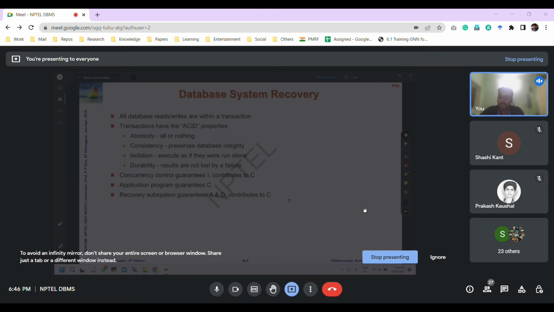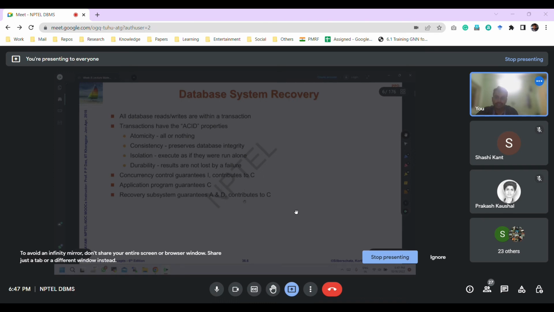Then there is durability, meaning results are not lost by failure. Then concurrency control guarantees isolation and contributes to consistency, the application program guarantees consistency, and the recovery subsystem guarantees A and D and contributes to C.